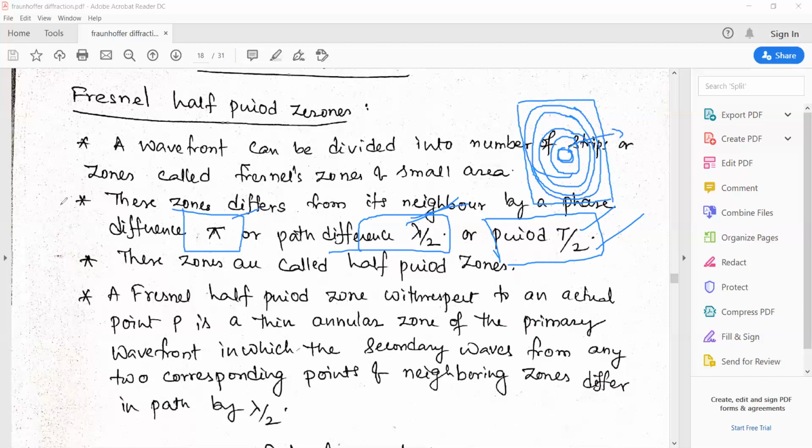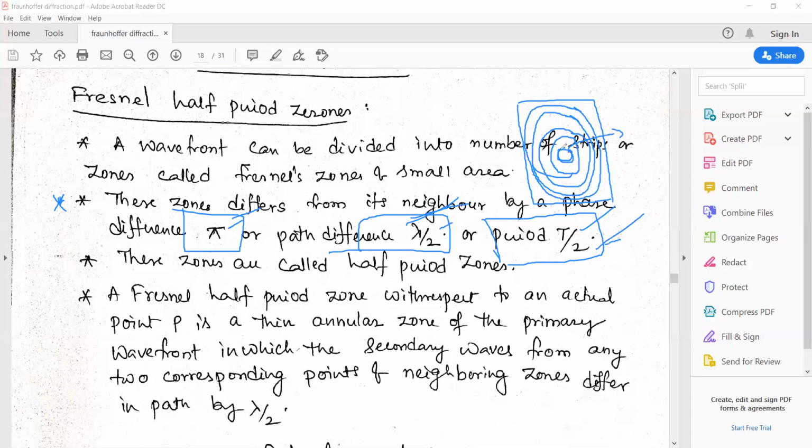So this point is very important. Half-period zones: the zones differ from their neighbors, like first and second, second and third, third and fourth. Each zone differs by a phase difference pi, path difference lambda by 2 and time period T by 2.